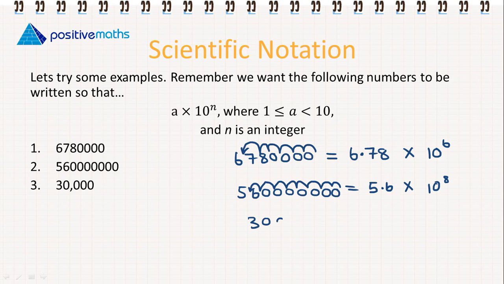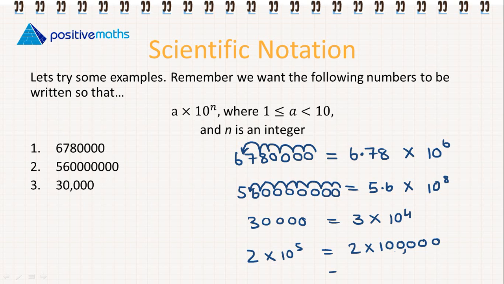Next example, 30,000. It's just going to be 3 multiplied by 10 to the power of 4. We really have to understand what we're doing here. If we started off with scientific notation, let's say we have 2 by 10 to the power of 5, what it really is, is 2 multiplied by 100,000.